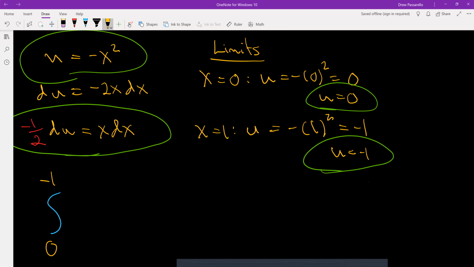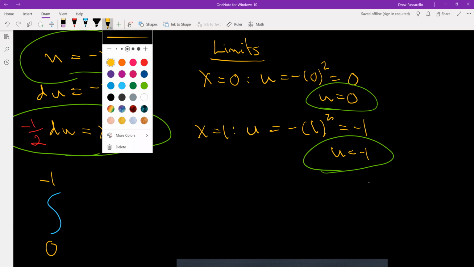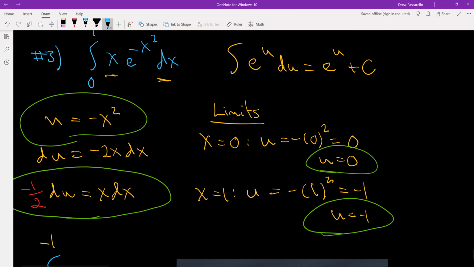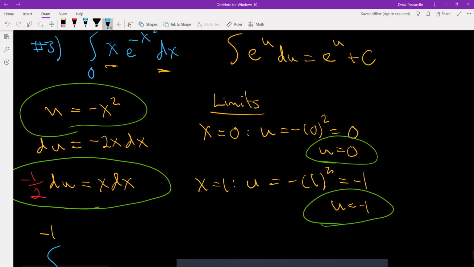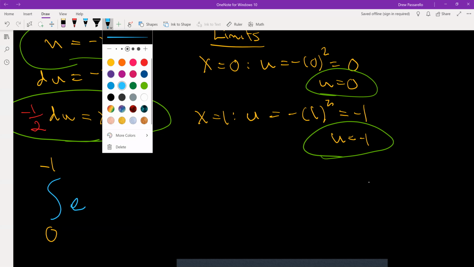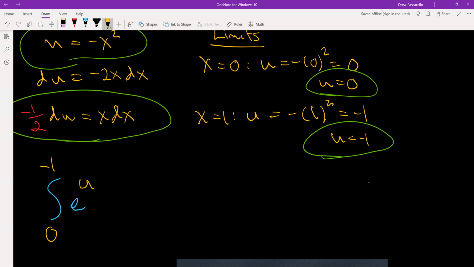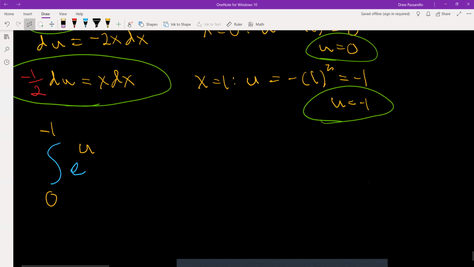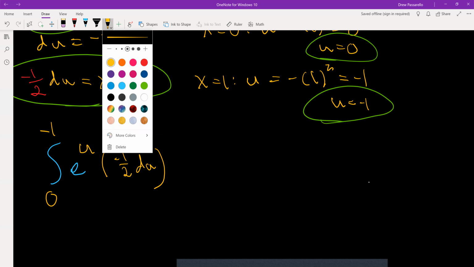All right, then it's going to be, so we have e to the negative x squared, that's e to the u. And the x dx is negative 1/2 du. All right, so I just integrate this.